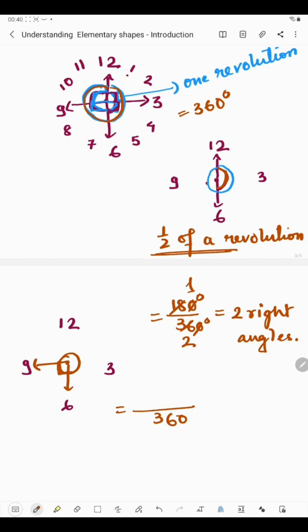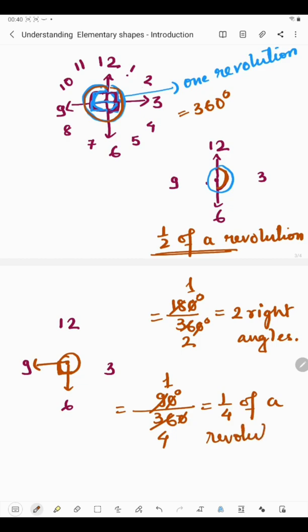Which angle is it? 90 degrees. So it is 90 degrees upon 360 degrees. If you cancel the zeros, 9 ones are 9, 9 fours are 36. So it is 1/4 of a revolution.